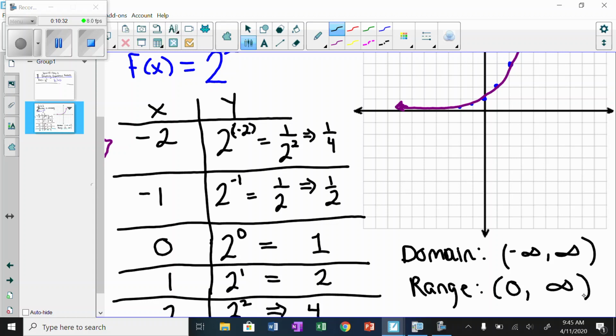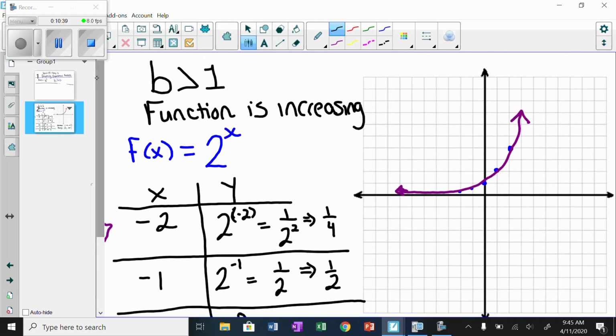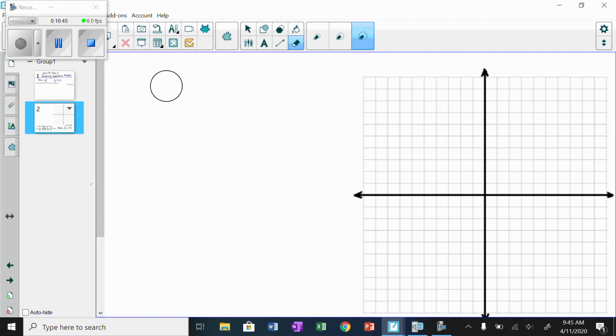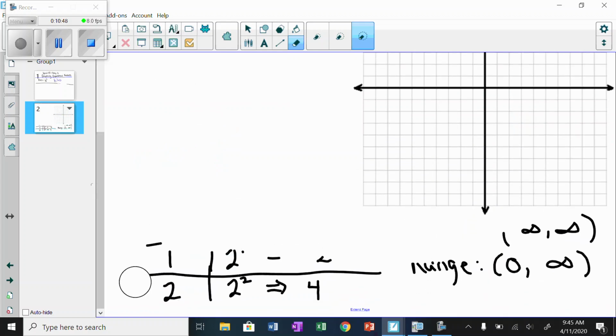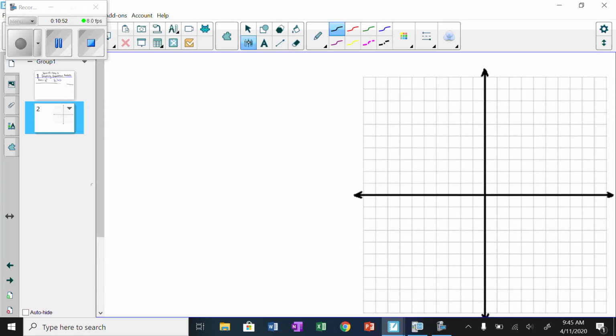Let's see, when would it be decreasing? I'm just going to erase this up. So when would our exponential growth be decreasing?